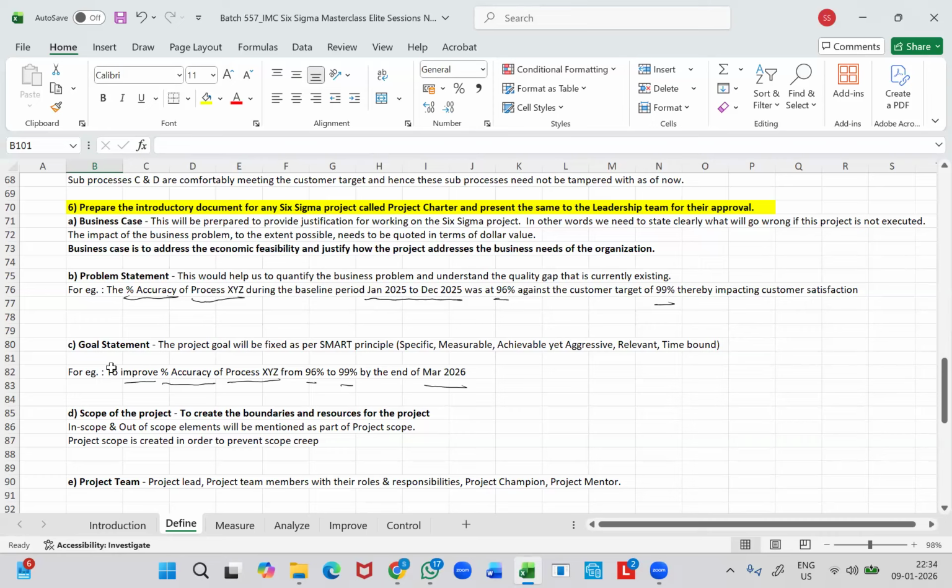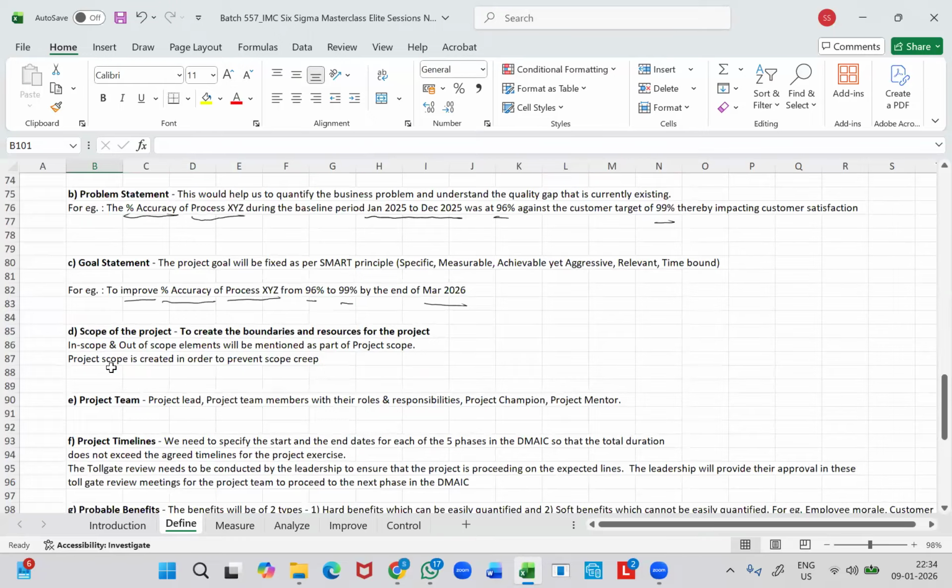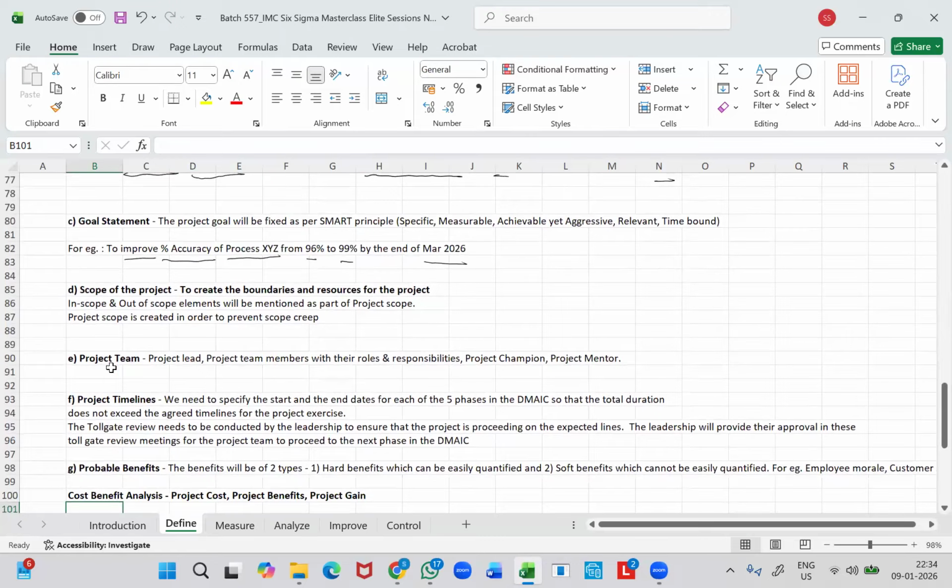So we need to fix the project goal as per a principle called SMART principle. And we need to be specific with regard to the timeline. So we need to mention the month and the year as the timeline part of the goal statement. Scope of the project is all about creating the boundaries and resources for the project exercise.